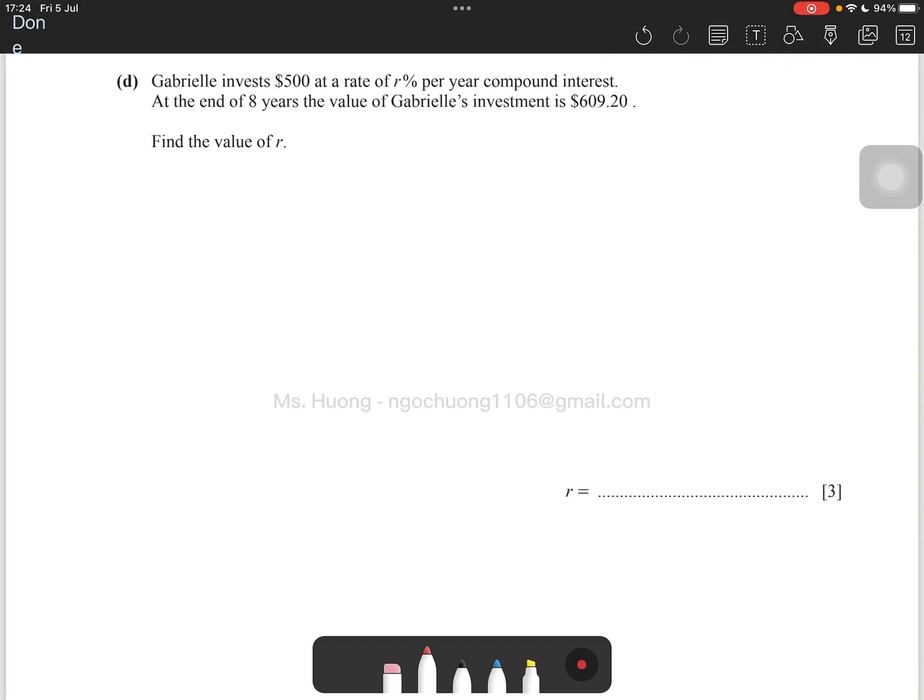Question D. Gabriel invests $500, this is P, at a rate of R% per year, compound interest.